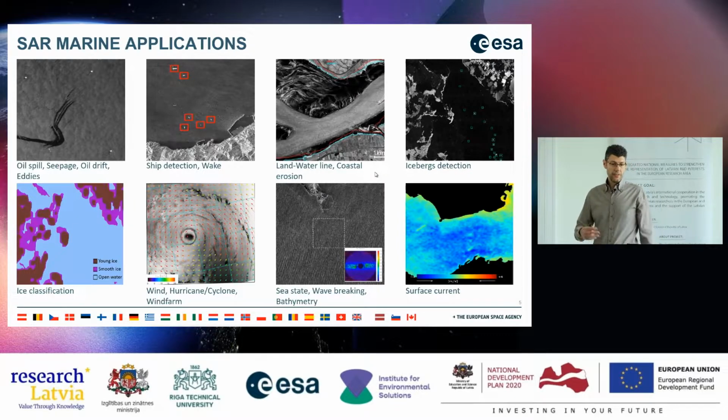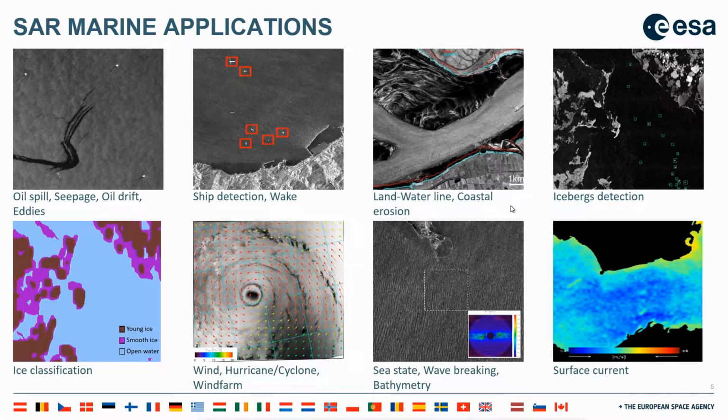Wave breaking is when the waves approach the coast and break, which is also quite important. And also some bathymetry, to study how the bathymetry around some islands is developing. And we also have surface current, basically the ocean current.